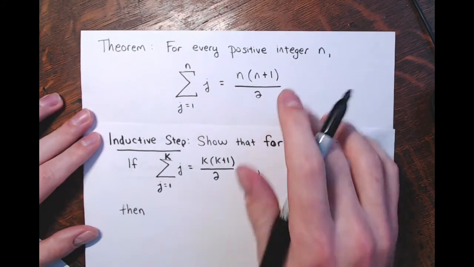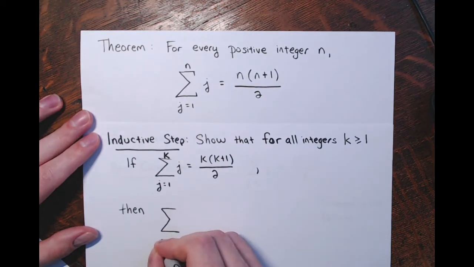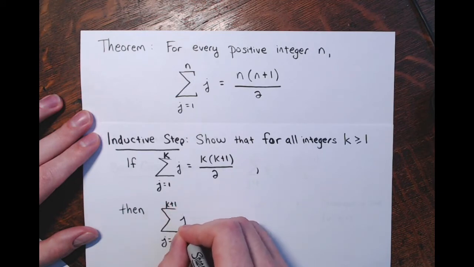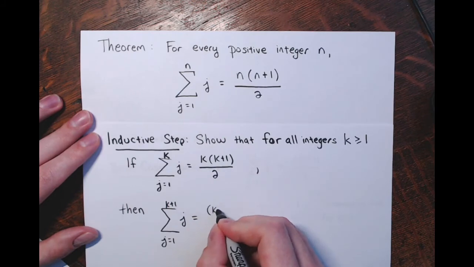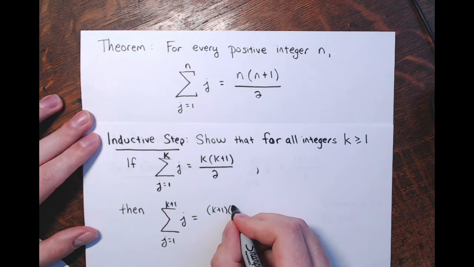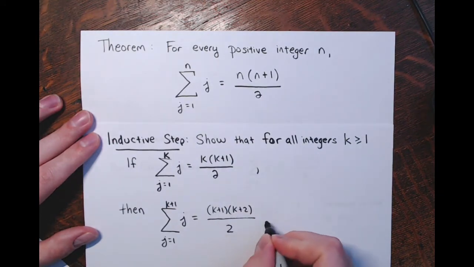So now I go through here and replace n with k plus 1. So the sum from j equals 1 to k plus 1 of the j's equals, now n is k plus 1, so this is k plus 1 now instead of n, and this is k plus 1 plus 1, so k plus 2 instead of n plus 1, and then divided by 2.